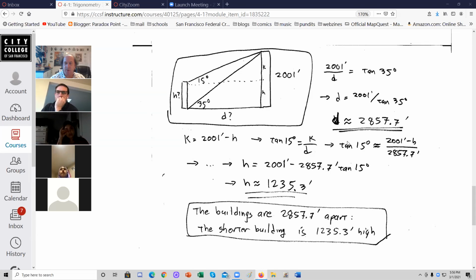So if you transpose the 2857 and do some more fiddling around, you get that h is 2,001 feet minus 2857.7 times tan 15 degrees. And that works out to 1,235.3 feet. So the buildings are 2,857.7 feet apart. The Schroeder building is 1,235.3 feet high.